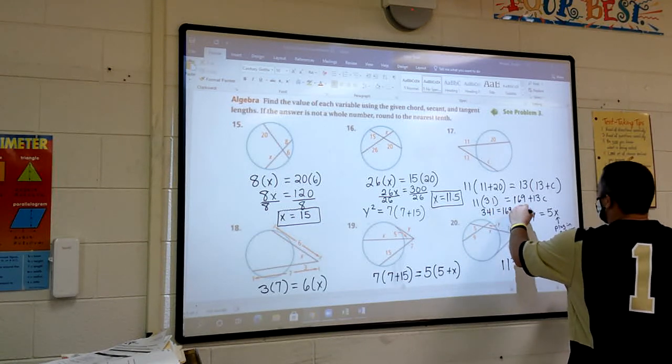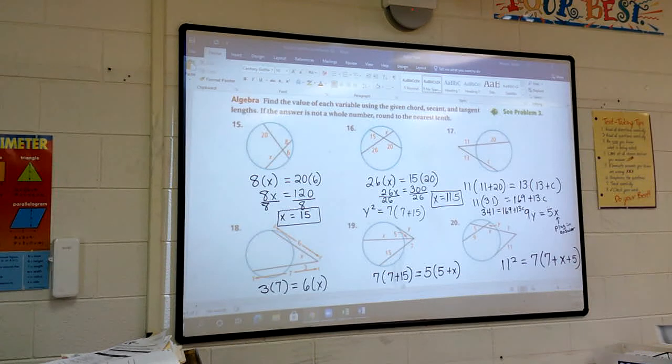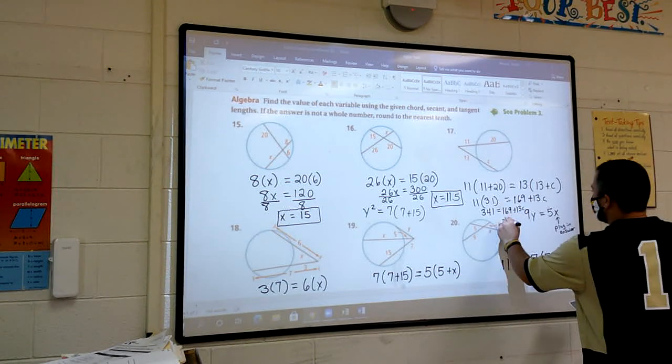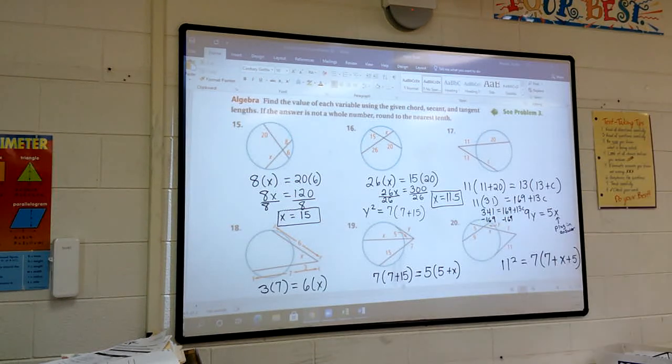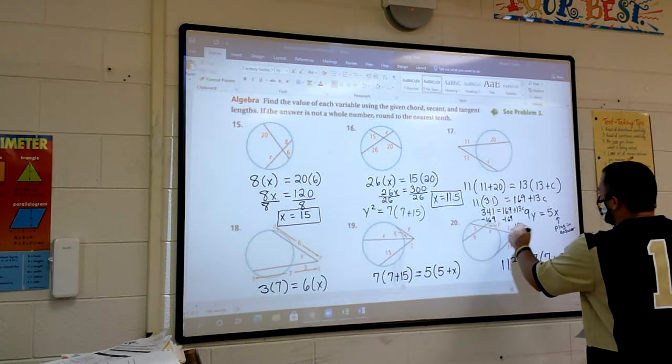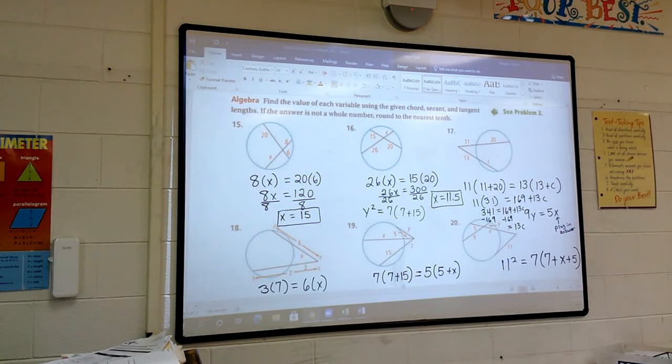I'm running out of room. Now I must subtract the 169 over here, and that's going to give me 13c equals 341 minus 169 gives me 172.